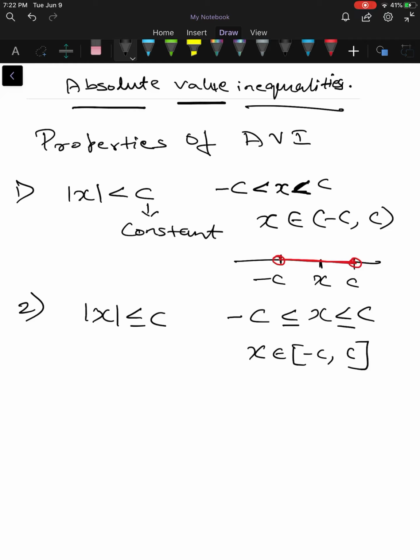So unlike the previous property, here you can shade negative c and c as well, and shade all the real numbers in between them. So that denotes the closed interval.